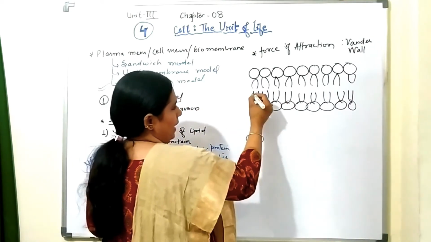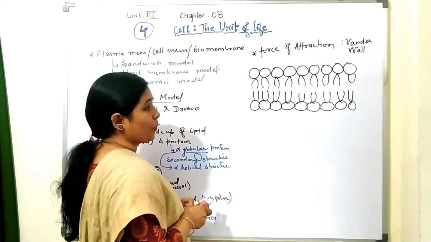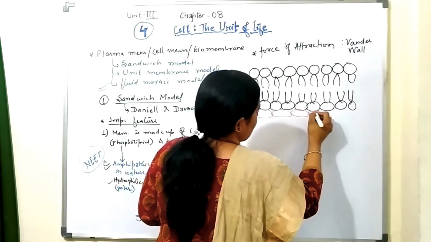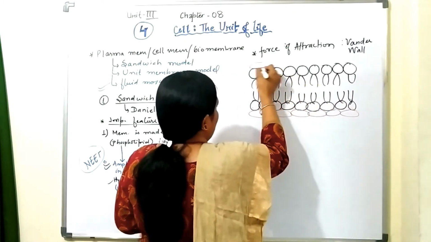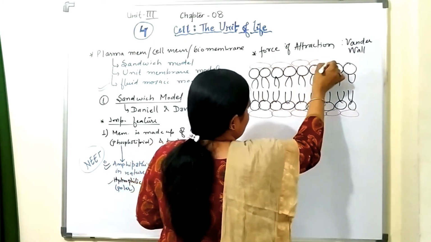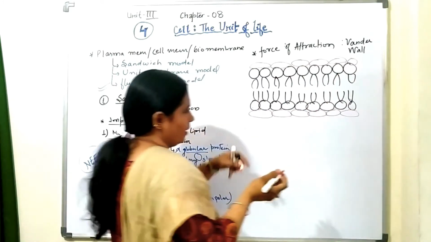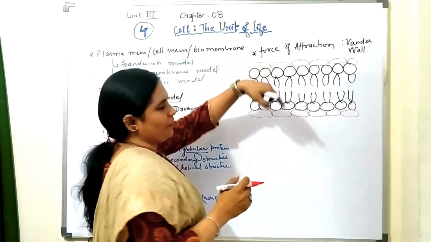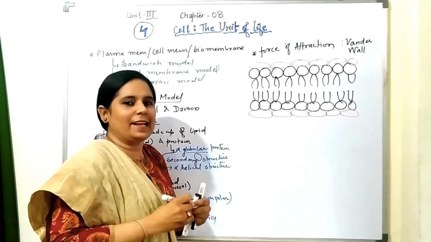As you know, this is the head and this is the tail, and the proteins are arranged on both the sides of the lipid bilayer, like bread. So they have considered the protein as the bread and the lipid bilayer as the cheese slice.